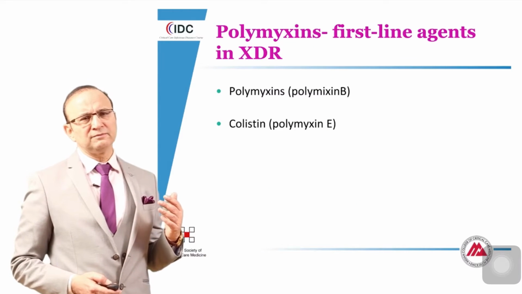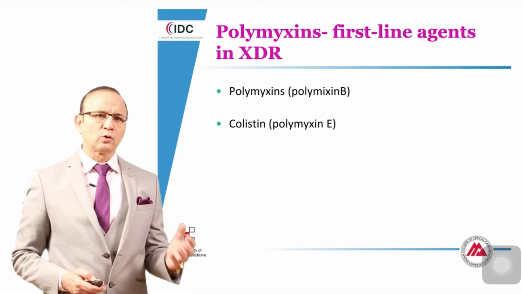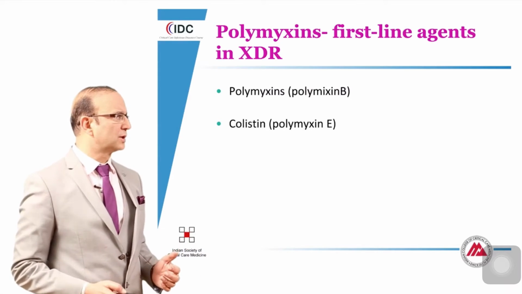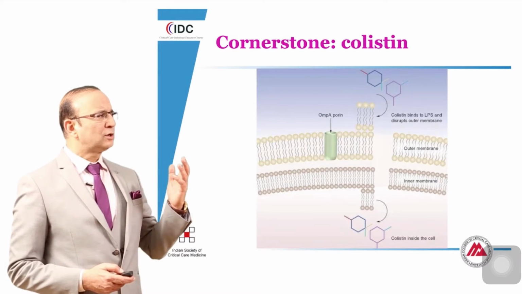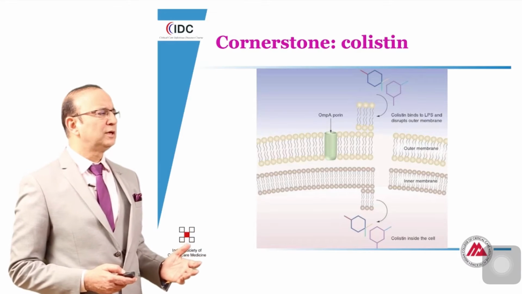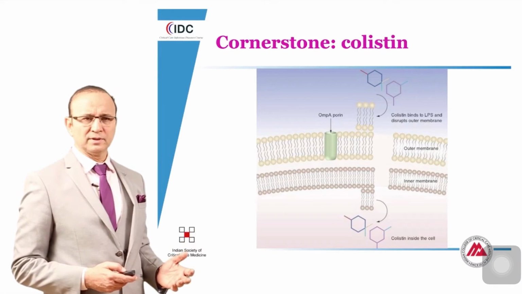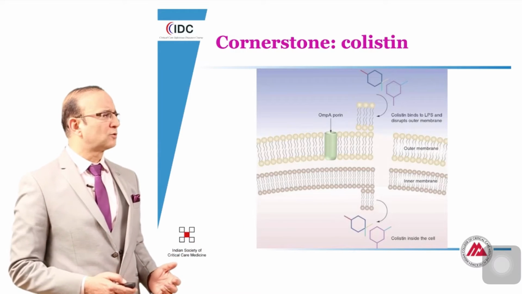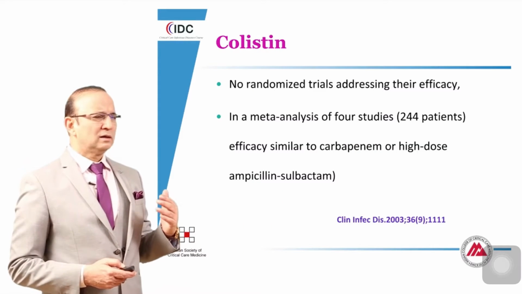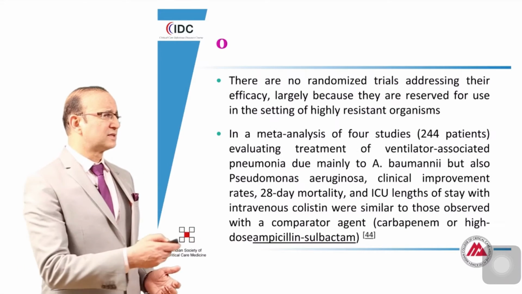So the first line drugs or the cornerstone drugs, I think it's important for all of us to know a little bit more about these drugs. The cornerstone drugs, colistin or polymyxin B, bind to the LPS or lipopolysaccharide and disrupt the outer membrane. That's the mechanism of action of colistin. There is no randomized controlled trial which addresses their efficacy.